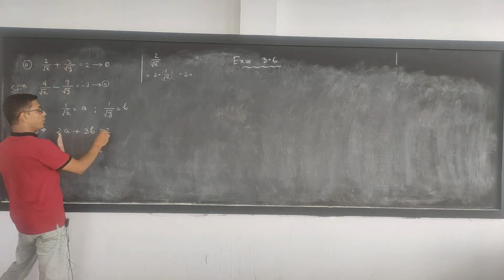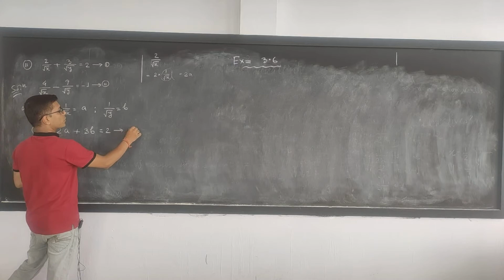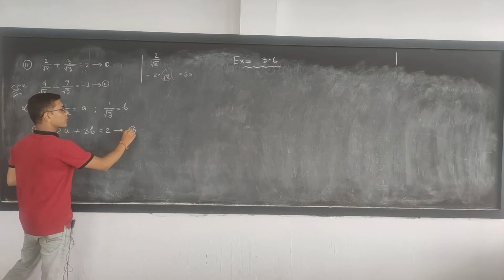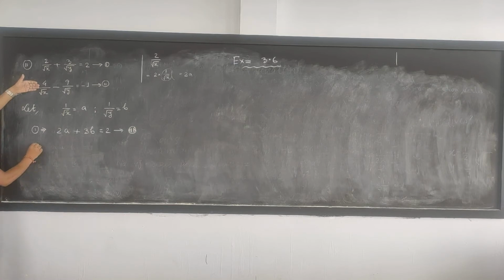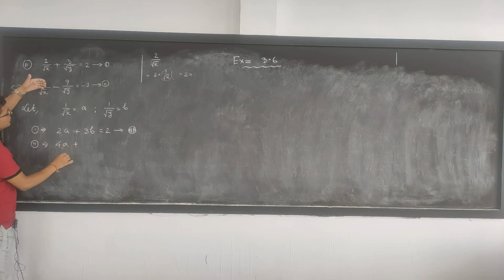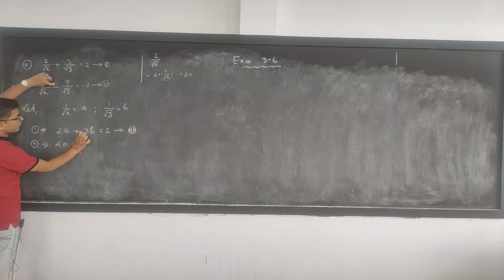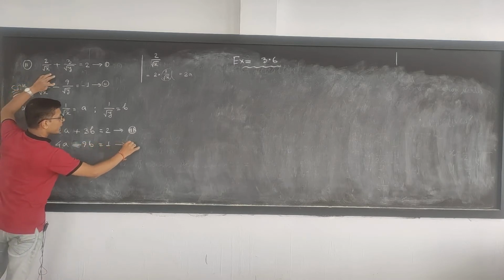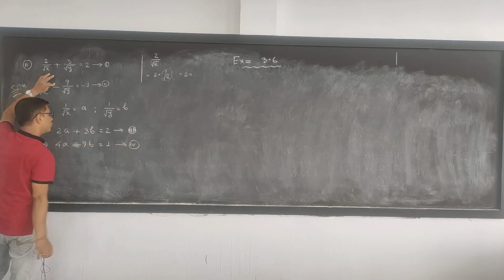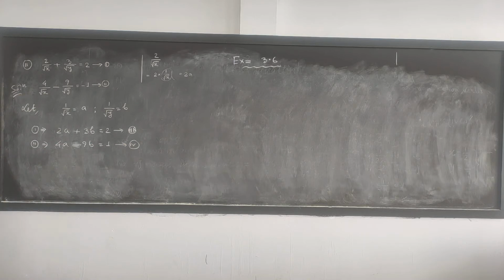Alright, so it is a new equation for you, so let us make it equation number 3. And the second equation becomes 4a minus 9b is equal to minus 1. Let us make it equation number 4. Now let's see what can be done for these two equations.